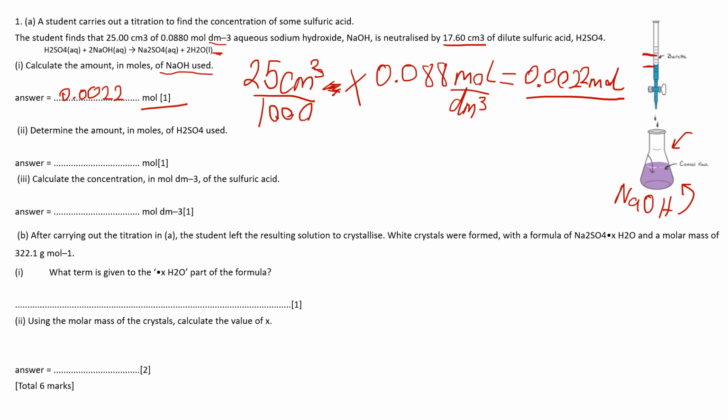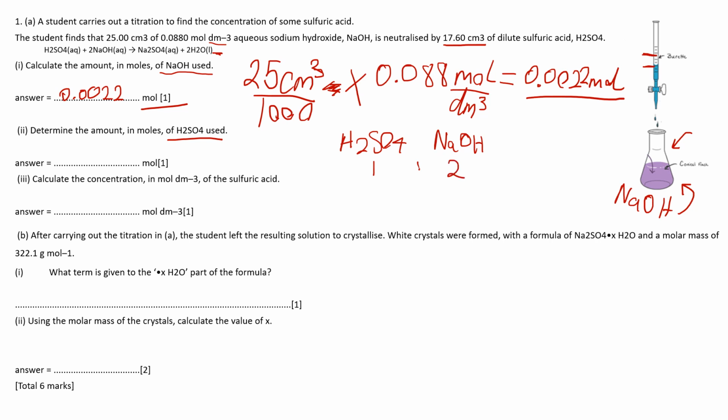So that's the first question, and then the second part is determine the amount in moles of our sulfuric acid used. Again, we need to refer to the equation here. The ratio of sulfuric acid to sodium hydroxide is 1 to 2. So H2SO4 to NaOH is 1 to 2.